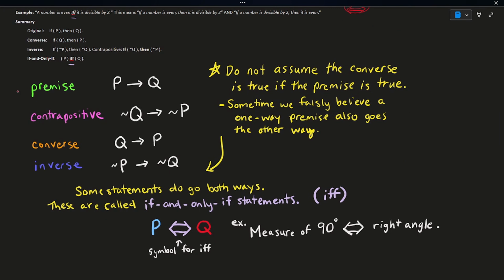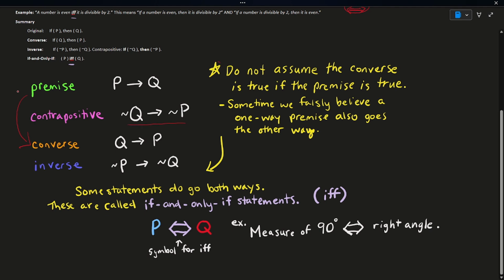Your original premise is if P, then Q. The converse of the premise is going to be the premise backwards: if Q, then P. The inverse is going to be if not P, then not Q. It's pretty much the opposite of the premise. Then you have the contrapositive, which is negating both and switching. So if not Q, then not P.